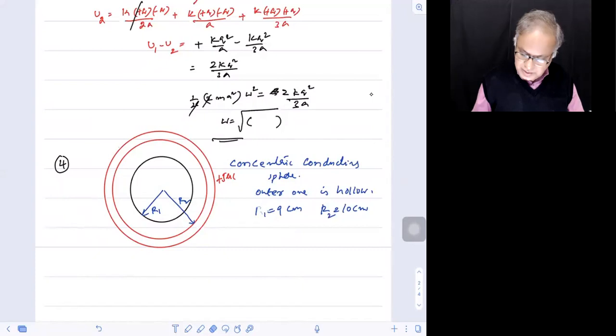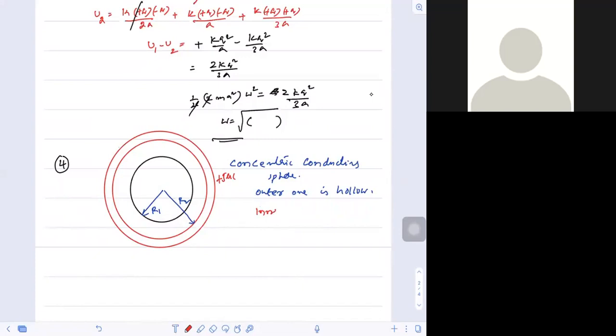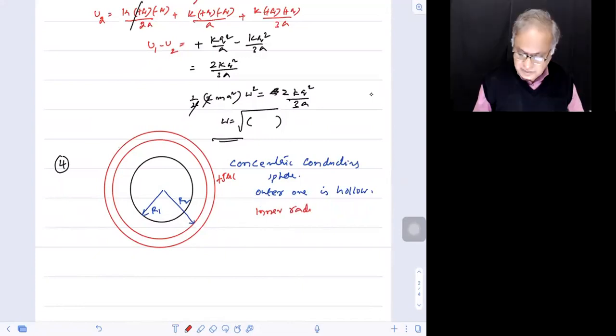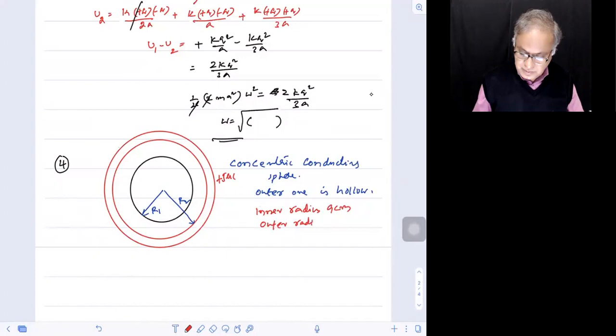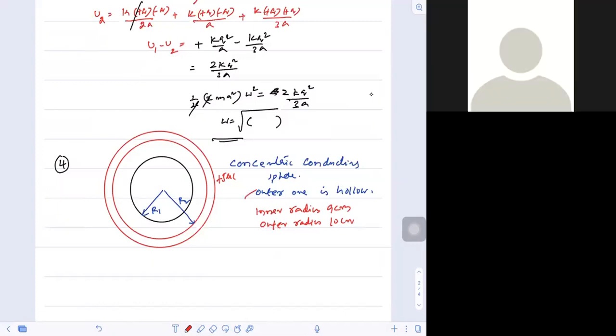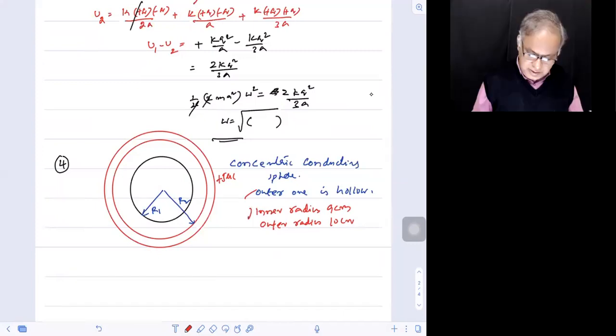Inner radius 9, outer radius 10. Sir, here meaning one sphere and one shell? Yes. Inner radius 9 centimeter, outer radius 10 centimeter. This is for the shell. The inner one is a sphere, doesn't matter. Sir, this means the thickness is 1 centimeter. Yeah, thickness is 1 centimeter.